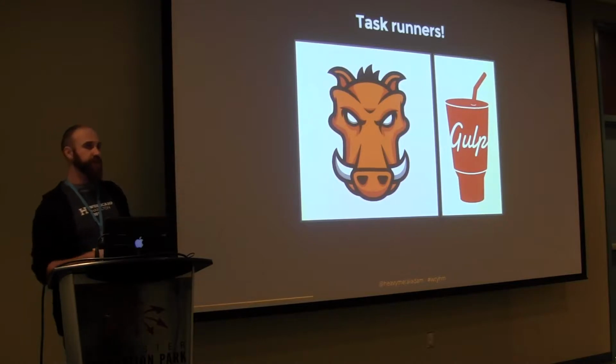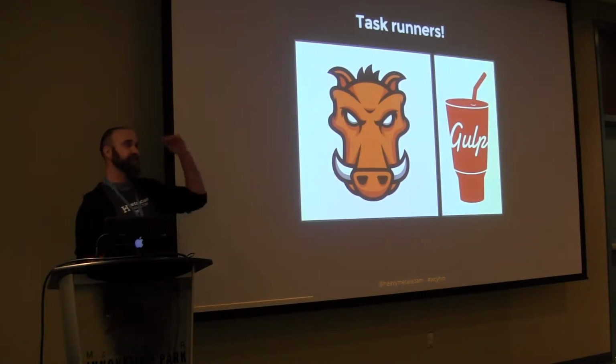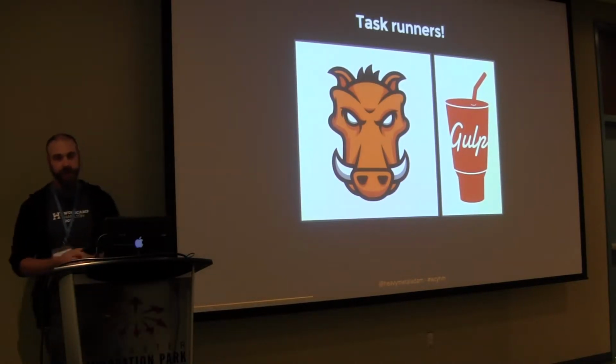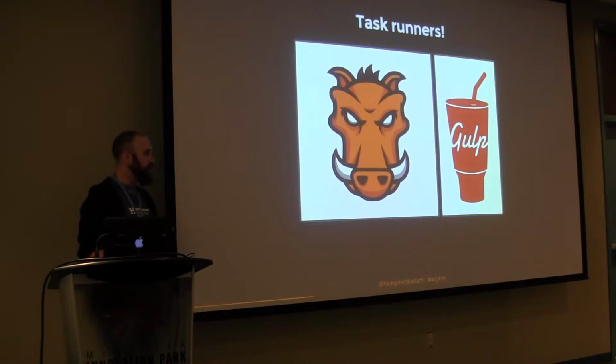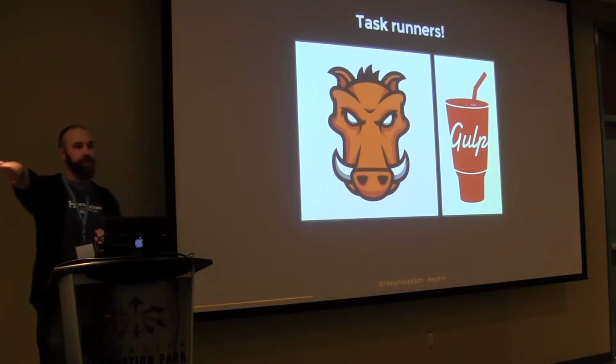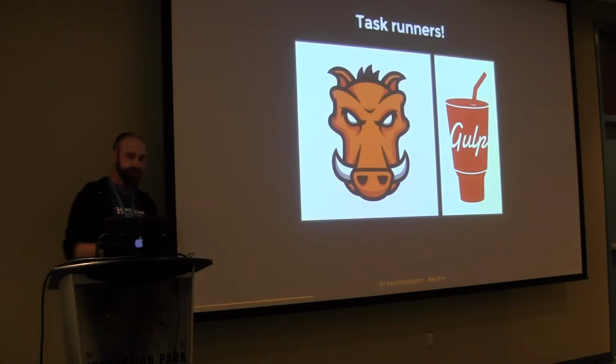Grunt was kind of the first guy around. Grunt kind of runs things in a sequential order. It does this, then it does this, it does this, then it does this. And the other thing that it does, that it differs from Gulp, is every task it runs, it reads files and it outputs files.